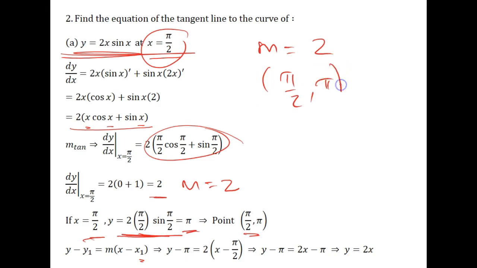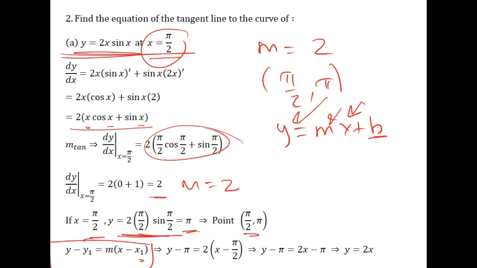Now, to find the equation of a tangent line, typically in calculus we use this equation here, but you can certainly use y equals mx plus b, right? So you can plug in here as well. So y would be pi, the slope would be 2, and x would be pi over 2, and you would find b. That's fine as well.